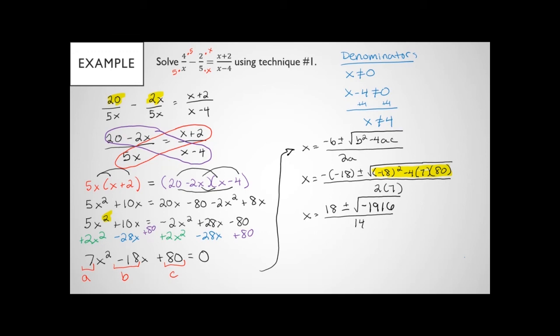So once I have that negative inside the square root, I know that I'm going to get an imaginary number. And let's see. So 1916 does not even reduce nicely. You can't take the square root of that.